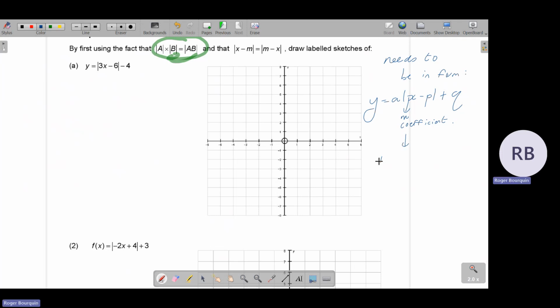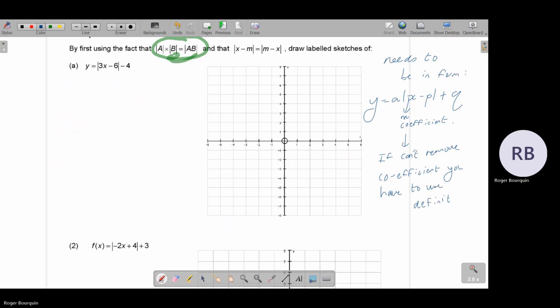Take a note. If you can't remove the coefficient, you have to use the definition. Yeah, use the definition.